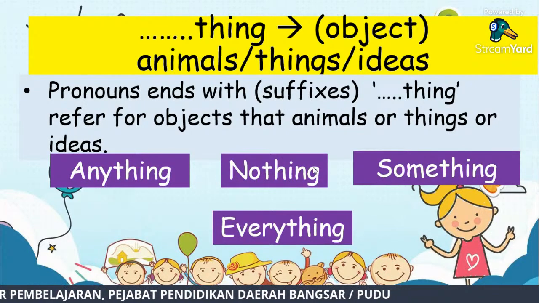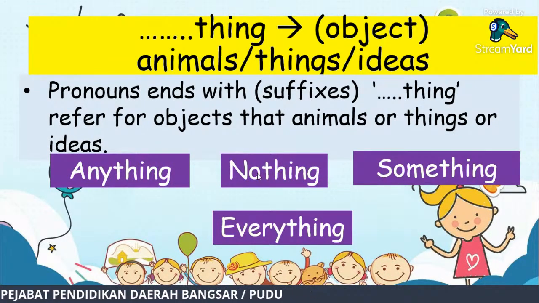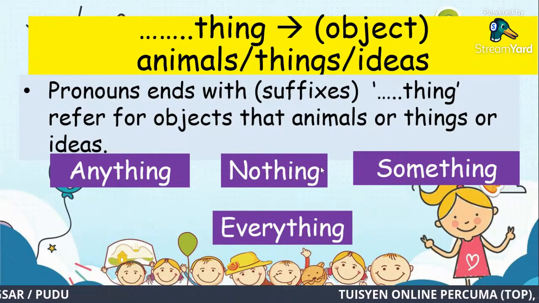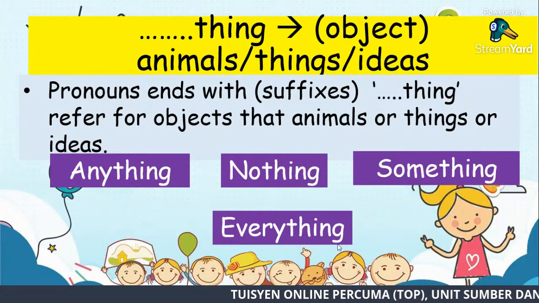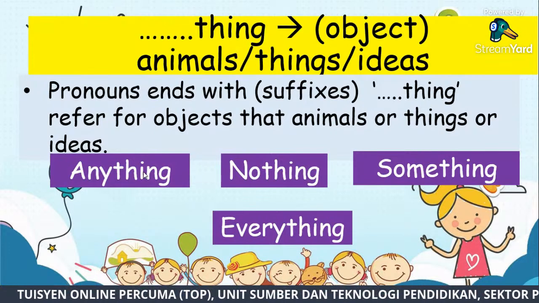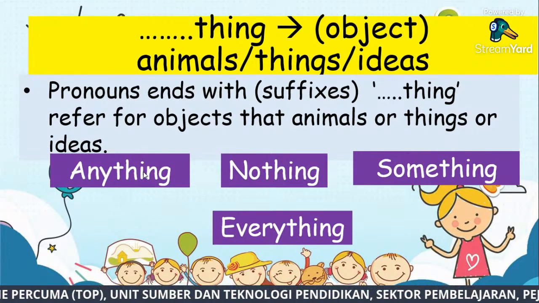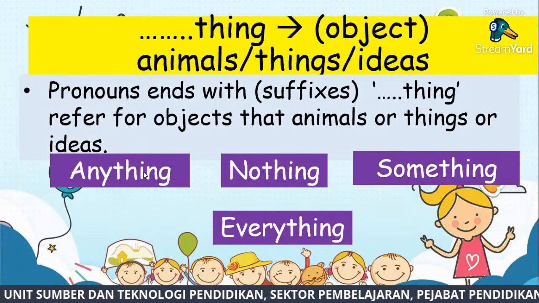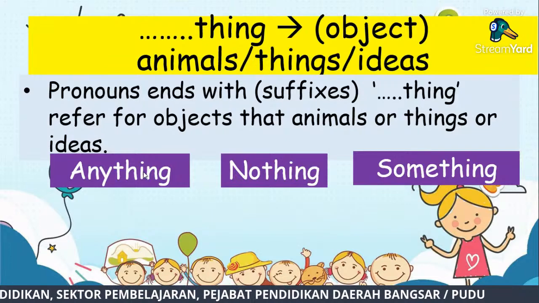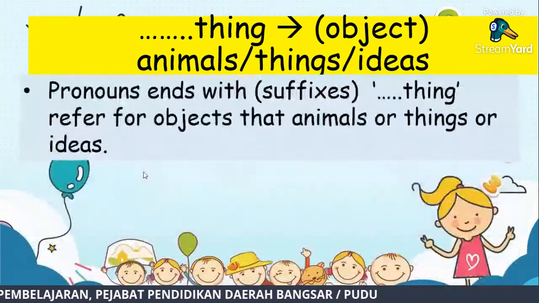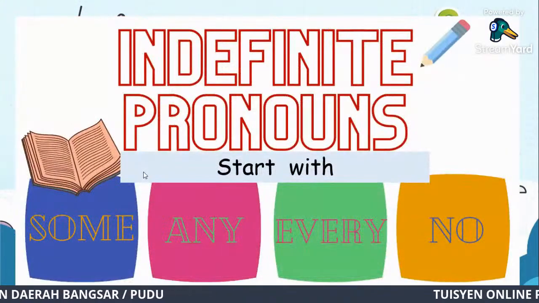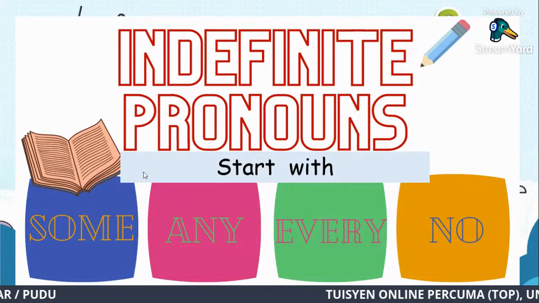So whenever you see "thing" at the back, anything, nothing, something, everything, that refers to an object, which could be animals, it could be things, or it could be any idea. So these are the two things that you have to know. So far, you're clear with the ending, right?